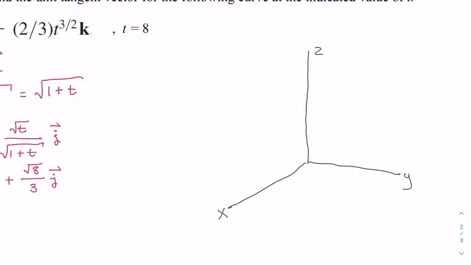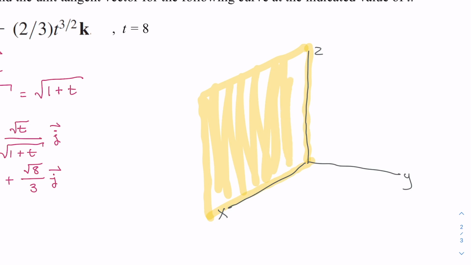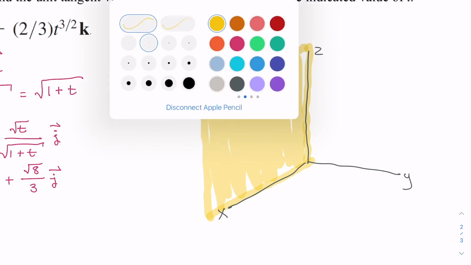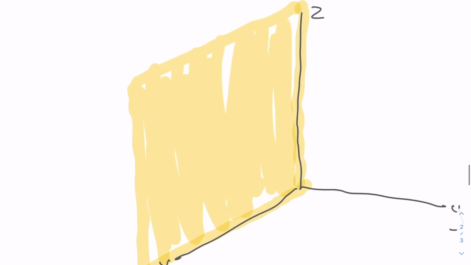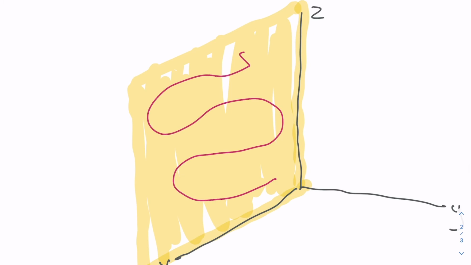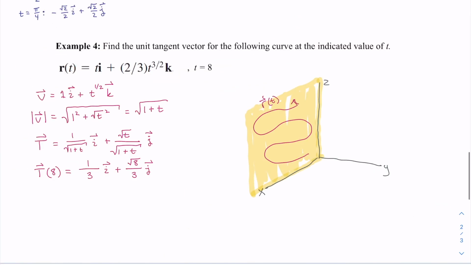So the whole shape of r of t can only live in here. So it's not really three-dimensional. It's two-dimensional in the xz plane. So r of t, I don't know what it looks like, but whatever it does, it can only live here. So r of t has to be in that plane. And that's about all you would be expected to know or reason out from that equation.